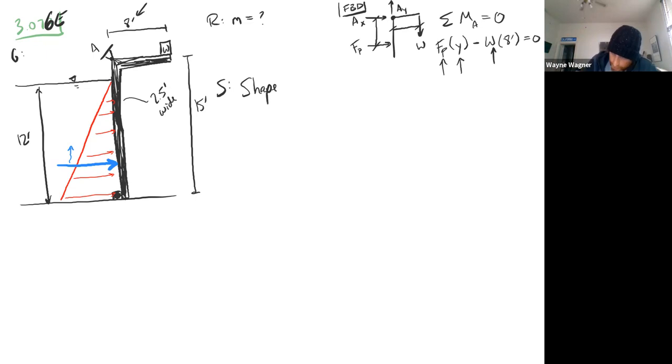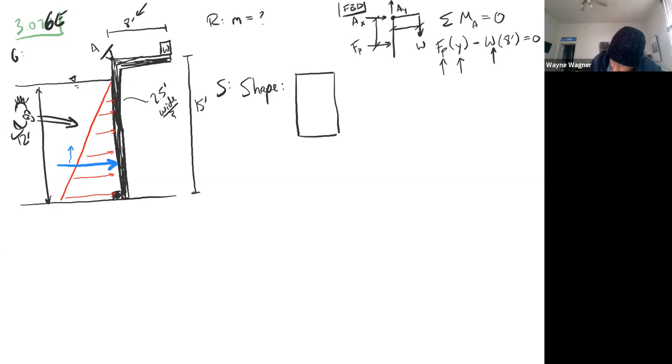What I mean by the shape is, if I'm swimming right here, this is my eyeball, maybe I have two eyeballs and a nose and some hair, and I'm swimming over here, what do I see? Because that's what the water is pushing against. In this case, it looks like I've got a 2.5-foot wide rectangle that is 12 feet deep. So my shape looks like this.